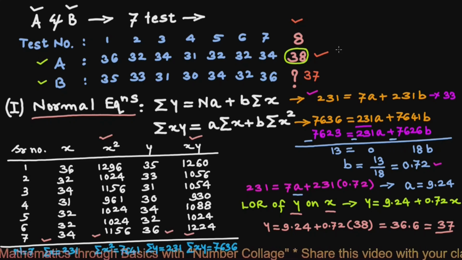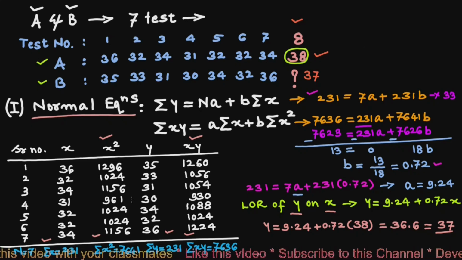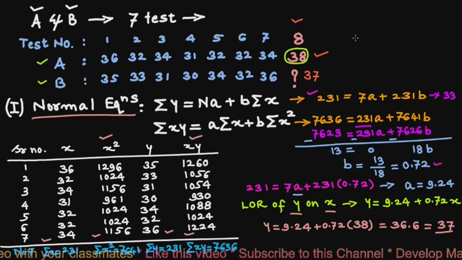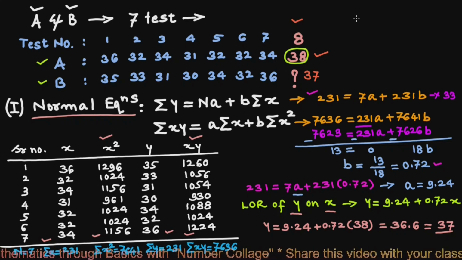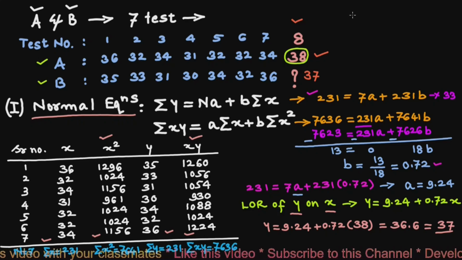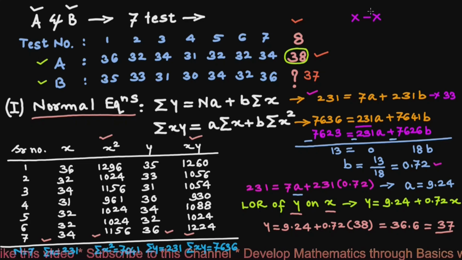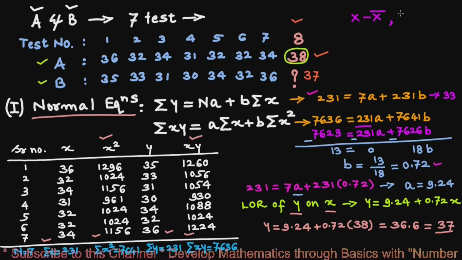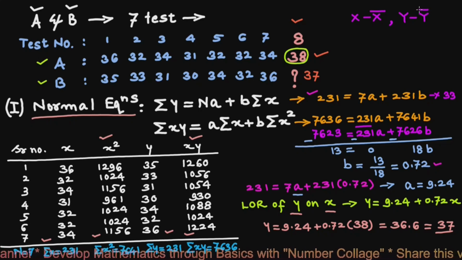To make it simpler, now we will see how we can avoid these tedious calculations, and with the help of simple calculations we can solve this problem, and that is by finding deviations of x from the mean value of x and deviations of y from the mean value of y.